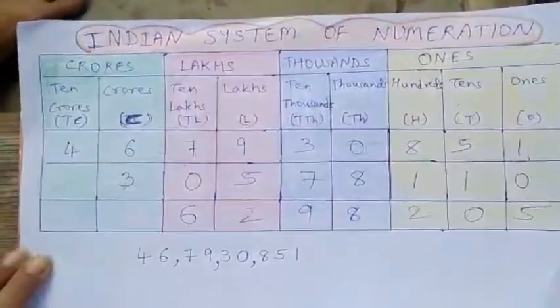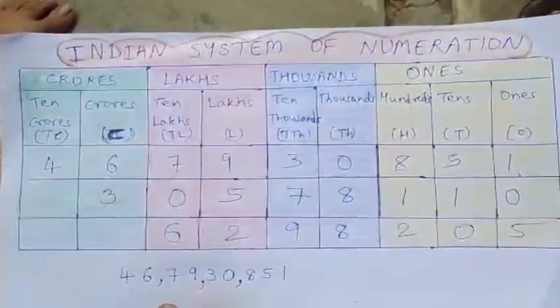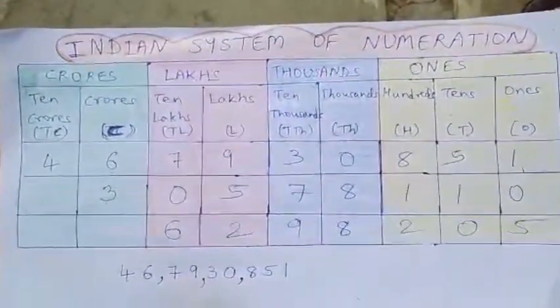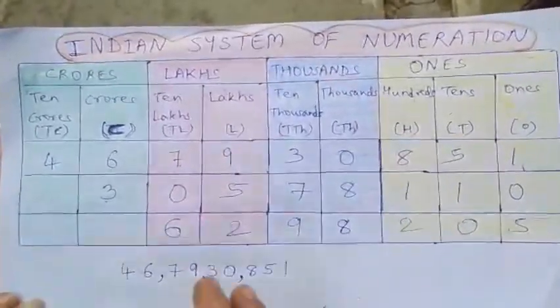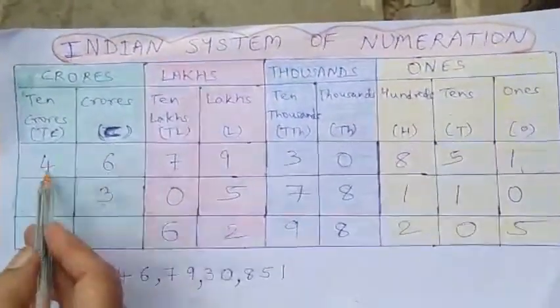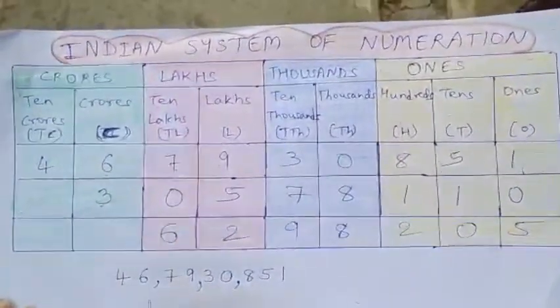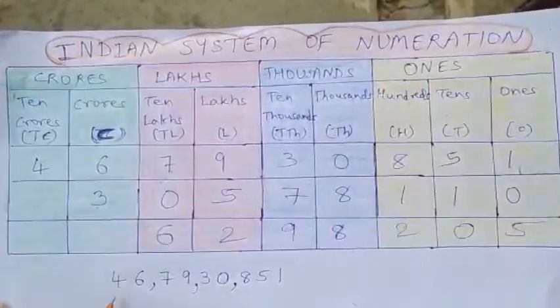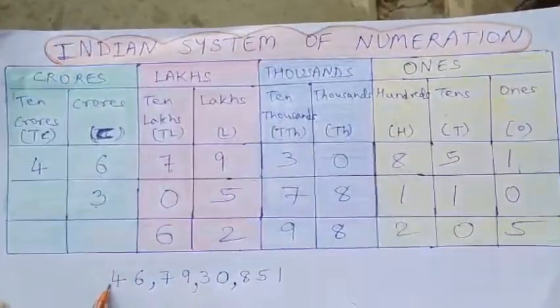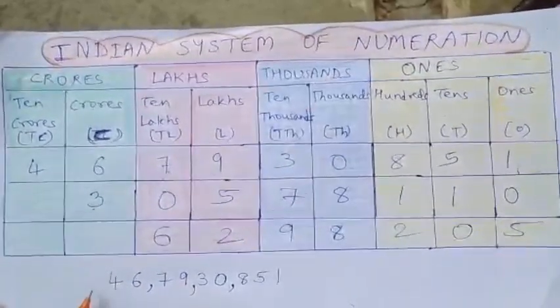Now, the crore period is also subdivided into 2 sub-periods. So, we will insert a comma after 2 digits from the right side. But wait, since there is no digit after this crore period, we cannot put a comma here.